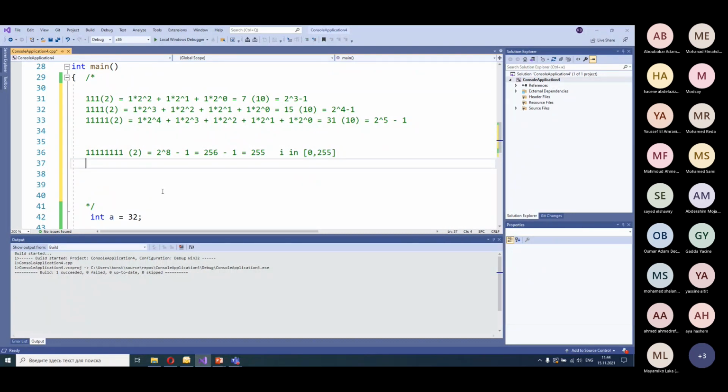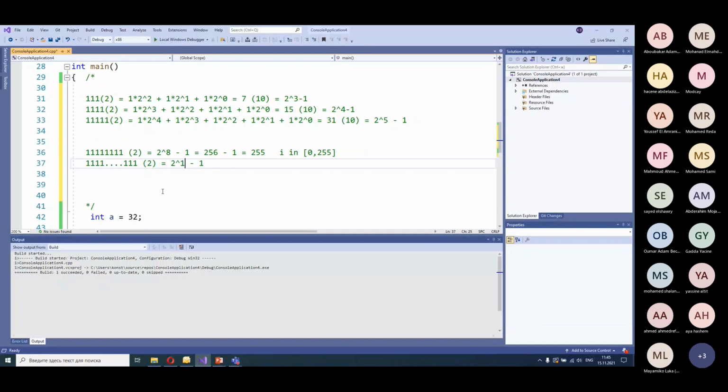The range of representation is from 0 to 255. Suppose that we use 2 bytes for representing the integer of 16 ones, 1, 1, 1, and so on, 16 ones in binary. It's hard to compute this number in mind, but the formula is very simple: 2 power 16 minus 1, right?